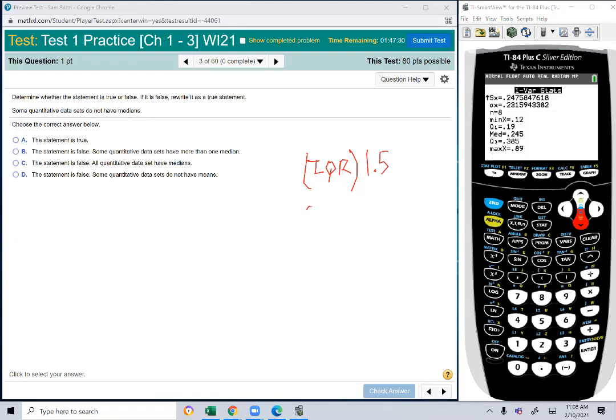You take Q1 and subtract. Let's say this value, guys, is 20. So you take Q1 and subtract the 20, and then you take Q3 and add the 20.